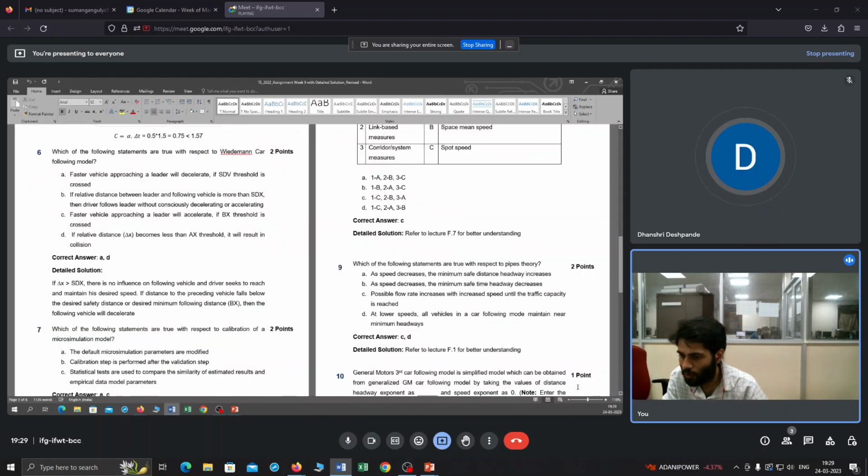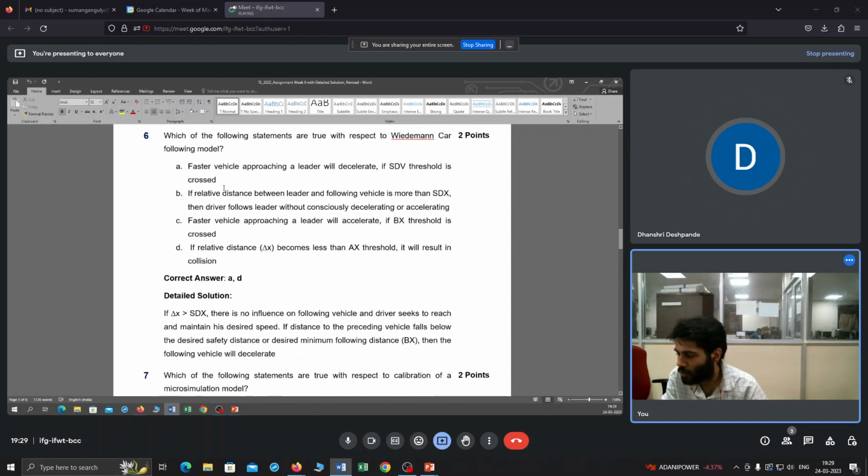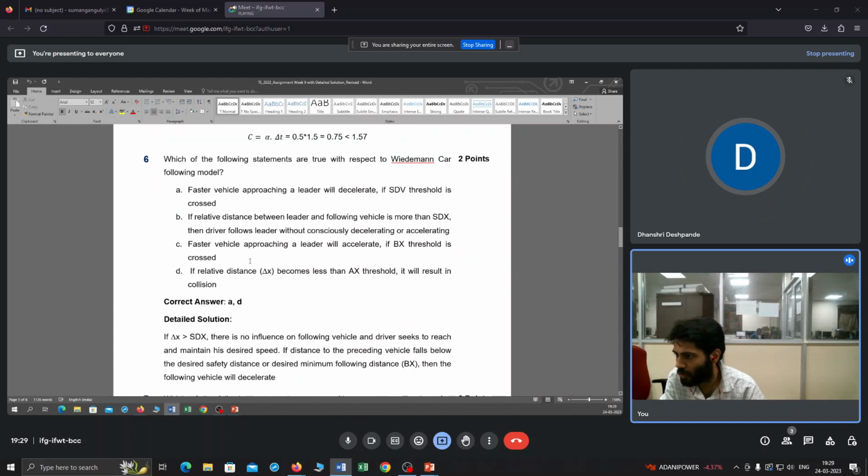So which of the following statements are true? Here, if your faster vehicle is approaching a leader vehicle, so the following vehicle is faster, it will decelerate if your threshold is crossed. Okay, so it is true, because if your delta x, your distance, is greater than your SDX, not SDV, then there is no influence on the following vehicle and the driver seeks to reach the desired distance.